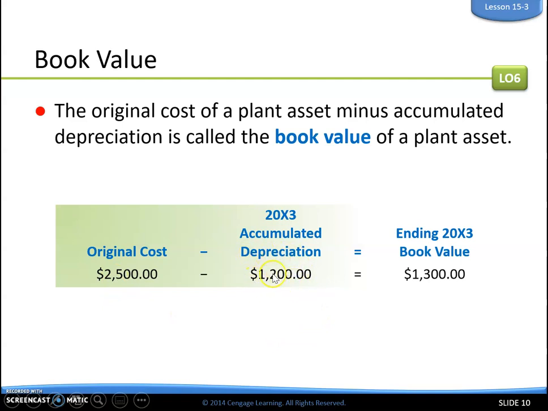We figured out our accumulated depreciation after year 3 to be $1,200, so we're going to subtract these two numbers. At the end of year 3, the book value of our plant asset is $1,300. So even though we paid $2,500 for this plant asset, after year 3, this plant asset is only worth $1,300.